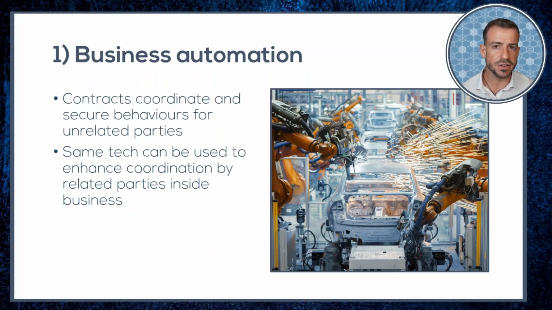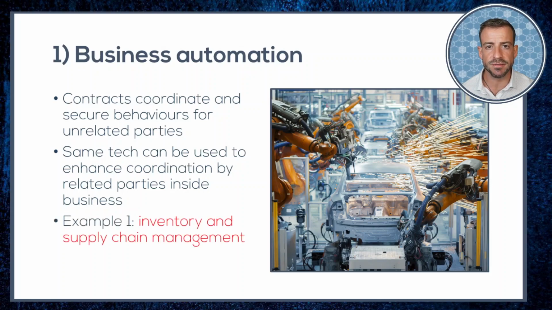A common application in this area is the enhancement of inventory management and supply chain tracking and control. In the latter case, notice that there are multiple points of transfer between different systems and parties, and opportunities for error and fraud to occur. An ideal value-add opportunity for blockchain security.